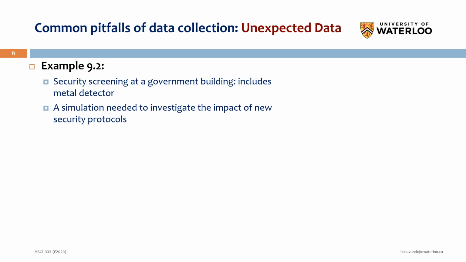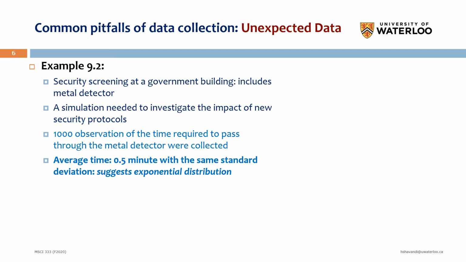Another example, for unexpected data. Assume that we have a security screening at a government building, and it includes a metal detector. We are going to build a simulation model to do some analysis. In this study, we have obtained 1,000 observations of the time required to pass through the metal detector.